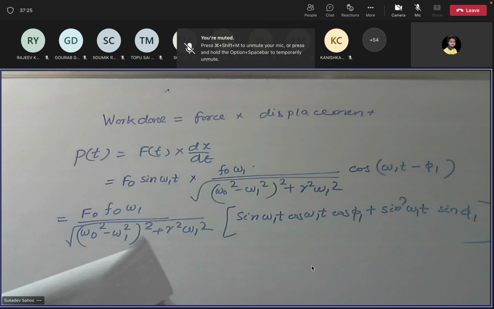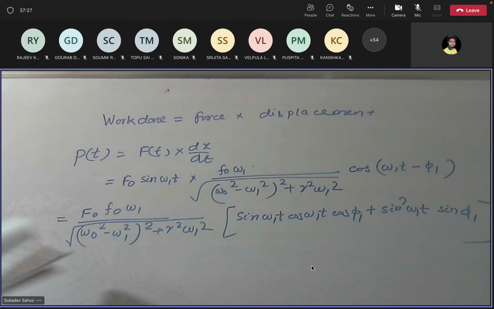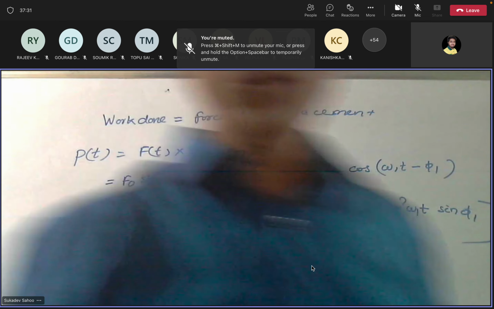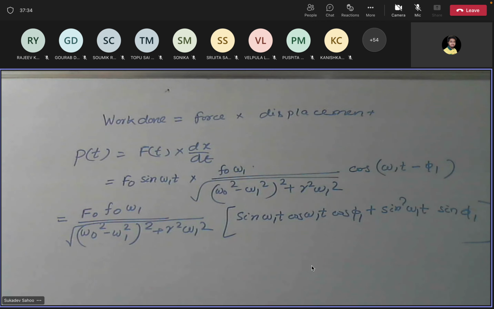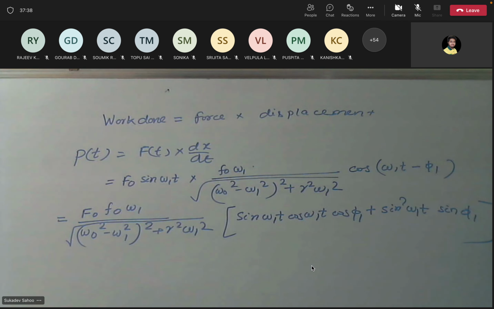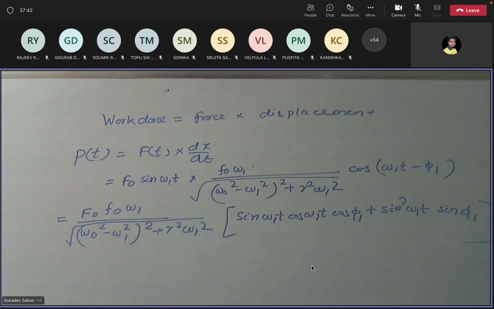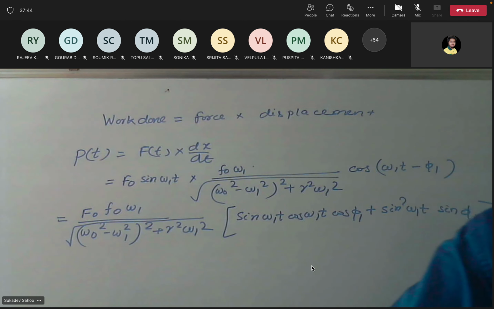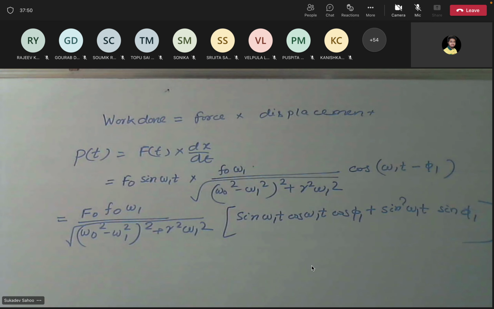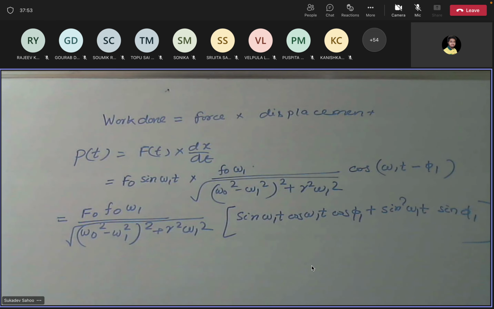Now, in order to calculate the average power over a period of time T, we have to calculate the average values of the sine and cosine functions.